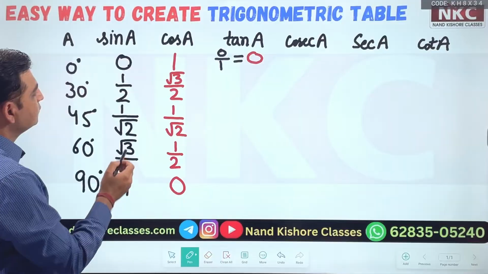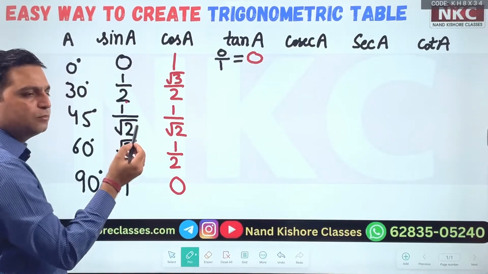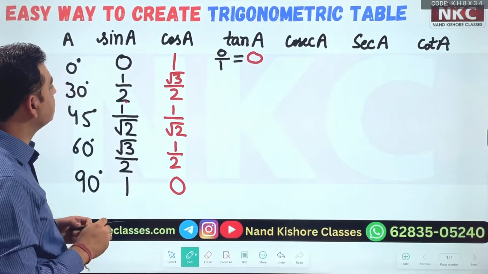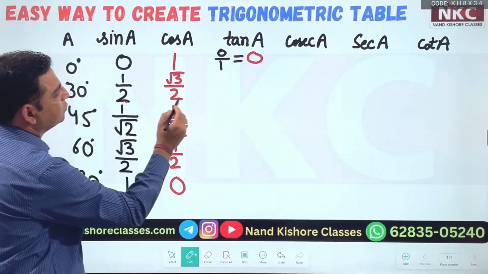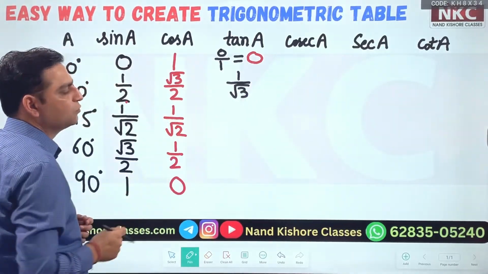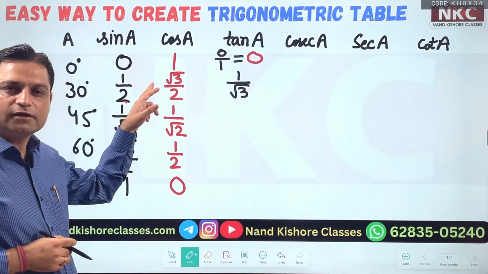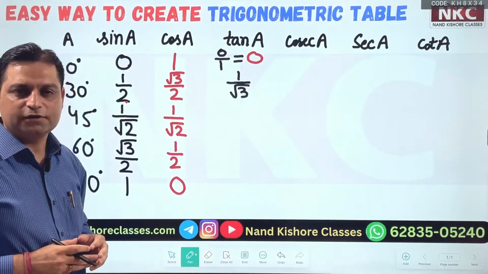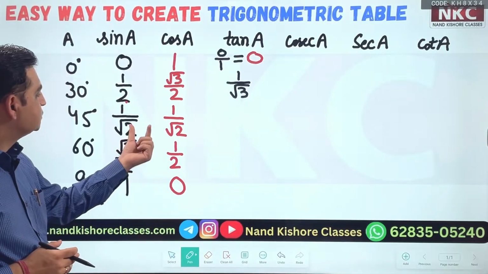Second, see this 2 and 2 in the denominator, ignore them. They will be cancelled while dividing. So it is easy to write 1 and root 3 only. So the second value, the final answer, is 1 over root 3. Take the numerator of sine, take the numerator of cos. Just divide them. 1 over root 3. Check the next value.